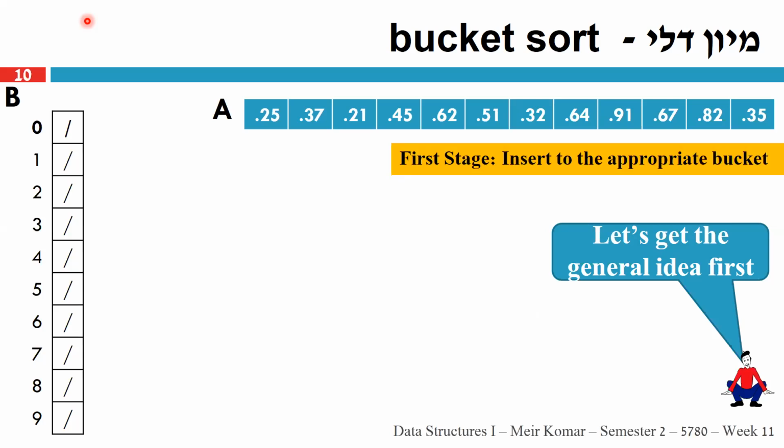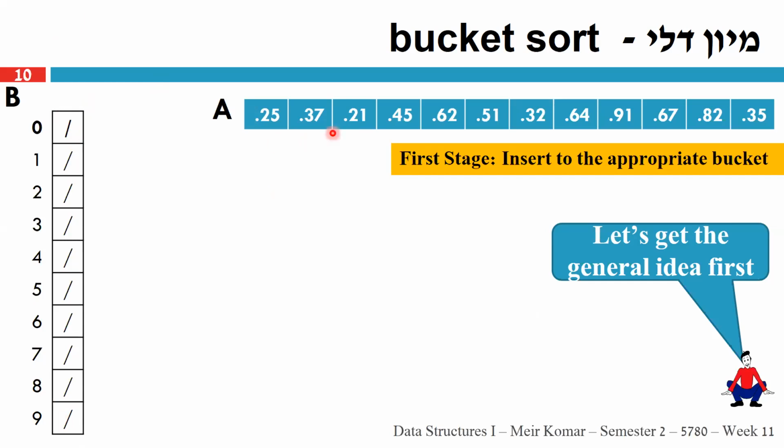I take the first value, and I'm going to take all the values, that's the first stage, take them and insert them into the appropriate bucket. For now, the appropriate bucket will be according to the first decimal digits, 0.2, 0.3, right? So basically I have here 10 lists from 0 to 9.